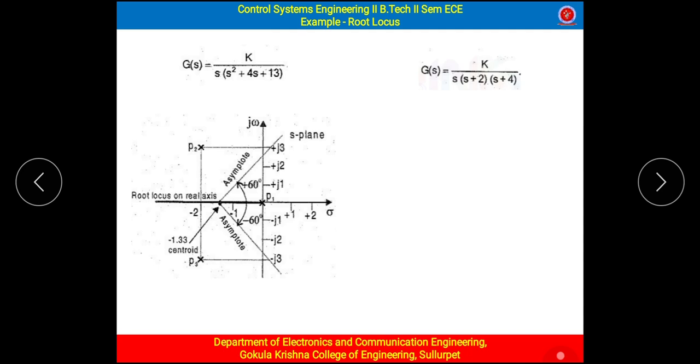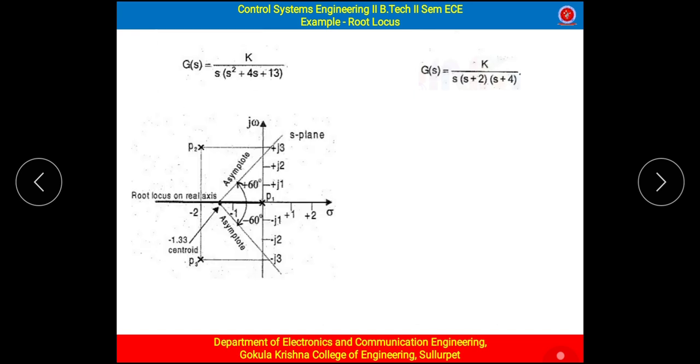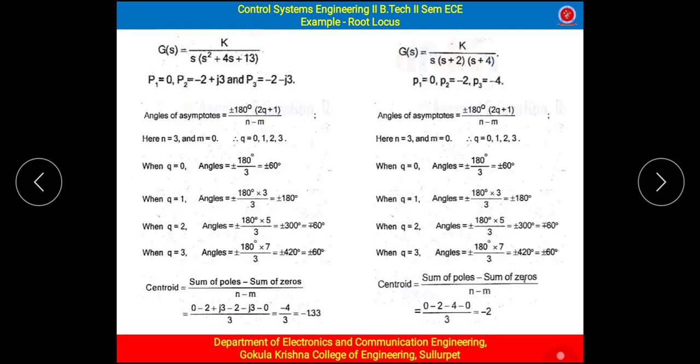Now, how are we using these angles? Let's see. What is the centroid for the first example? Minus 1.33. First of all, you locate it in the s plane. We have located it here, and then the angles of asymptotes: 60, then 180, then minus 60, and again 60.